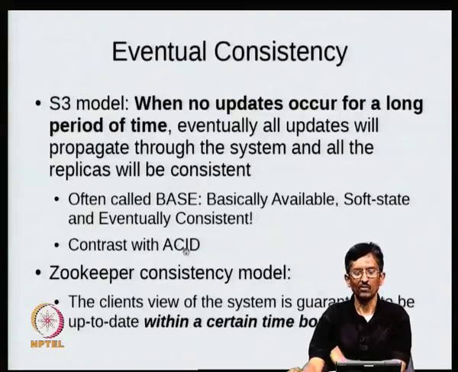What is I? I is isolation. Isolation basically means that if you have multiple concurrent transactions, even if you are executing them concurrently, even if each of the transactions is reading and writing things concurrently, whatever be the effect of execution of all these concurrent transactions, it should be equivalent to some serial execution. That's what isolation is.